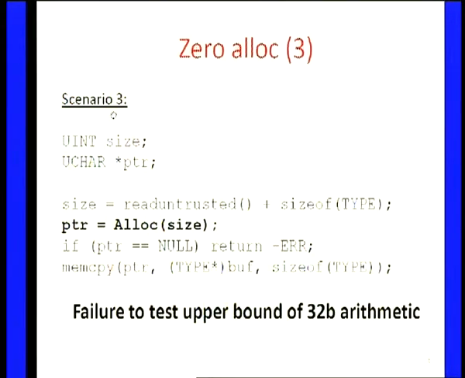Third example. Here you read the size from an untrusted location and you add the size of a structure, say the size of a header, for example. You allocate, and then you check for null again. It's a pretty obvious flaw again, but can you understand why this is potentially buggy?